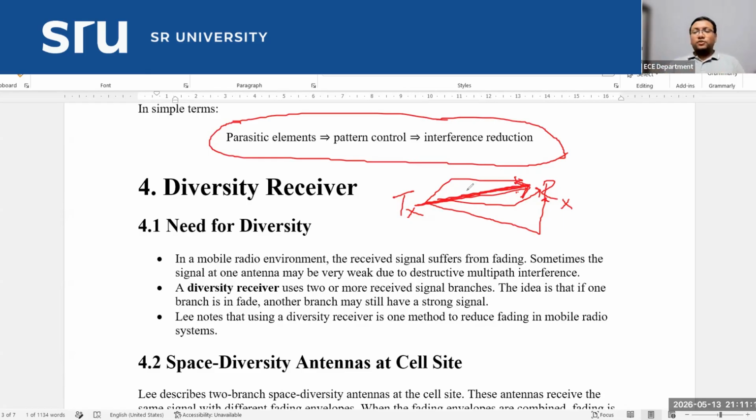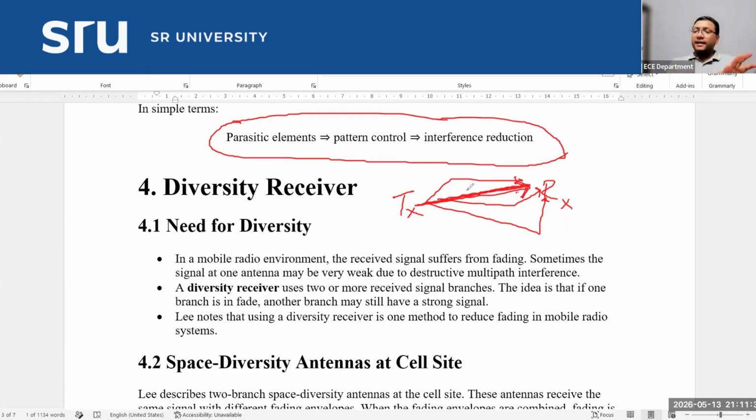So that is why it is very important to receive the signal not only through just one antenna. If I use just one antenna, then the chances are more that the received signal will be affected by fading.